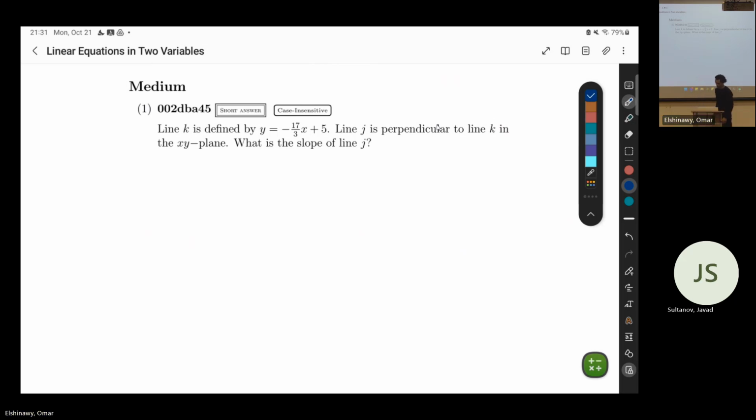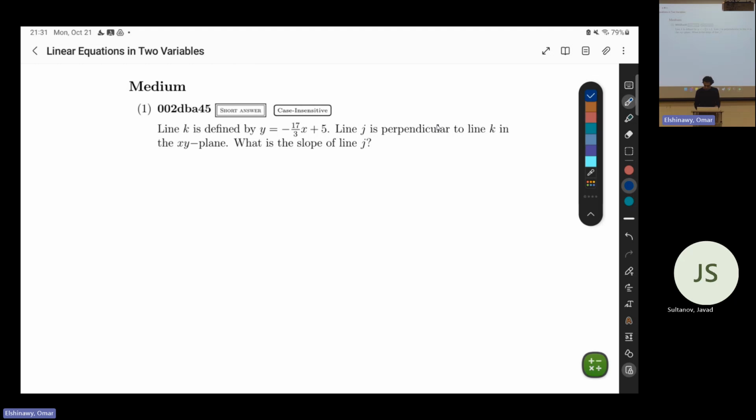But anyway, for this problem, we have a line, and it's defined by a certain slope and a certain y-intercept. We talked last time about what these two things mean. And it says that there's a line J which is perpendicular. And the question is about the slope of the line J. Now, the way you would do this is you would see it for the first time, and then you would redo the same thing basically.